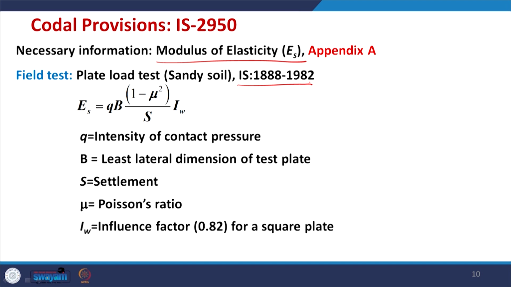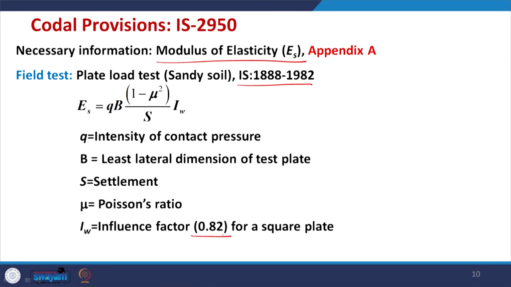As we discussed the plate load test when we covered shallow foundations, I think in the fourth lecture, you use a square plate with a size of 30 centimeter to 75 centimeter, and for this plate the influence factor recommended by the code is 0.82.